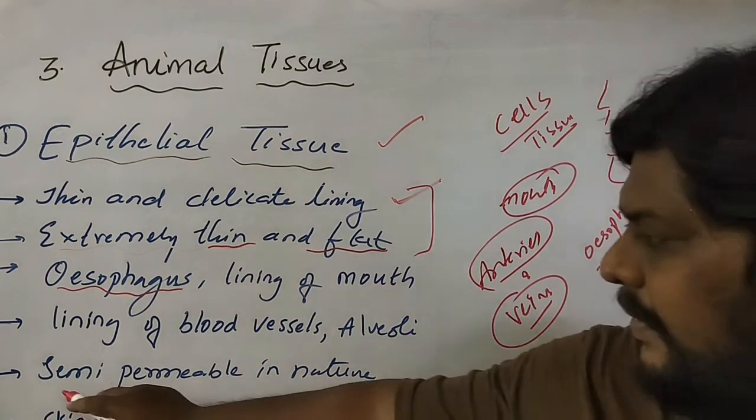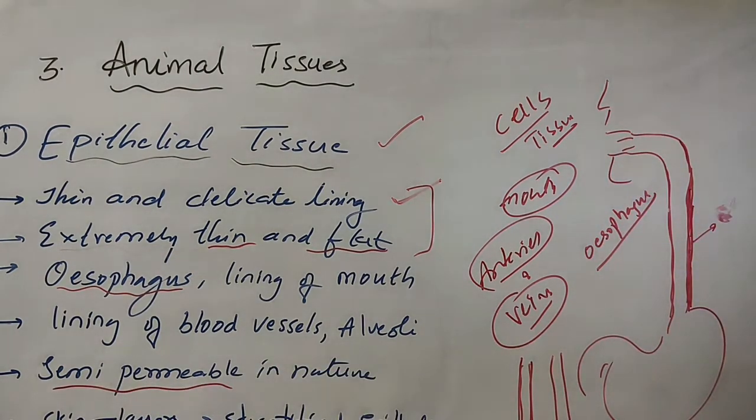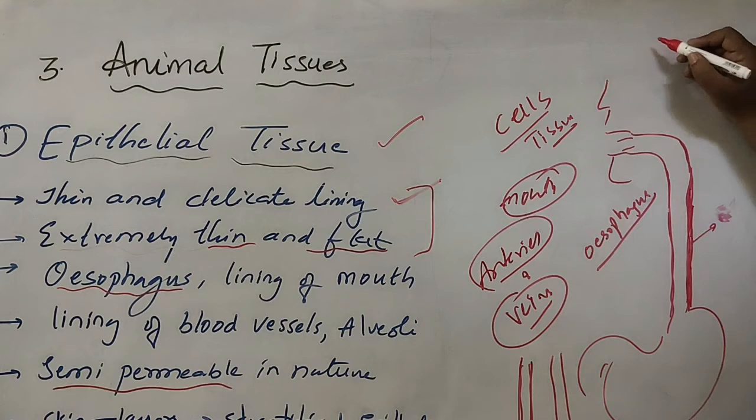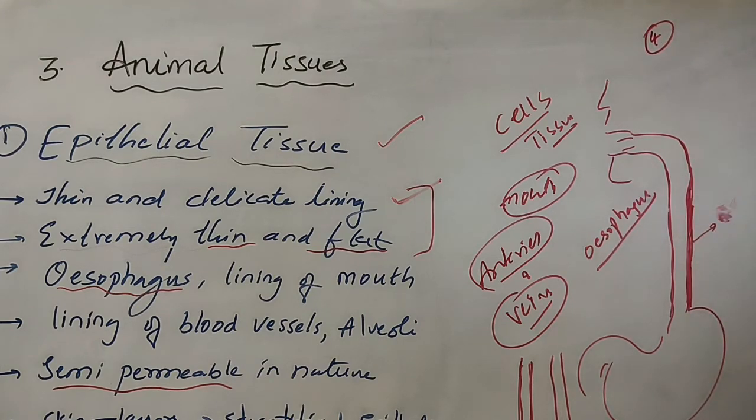Now, what is this semi-permeability? We are going to study that in our next chapter, which completely deals with semi-permeable membranes. So now let me give you a little information about semi-permeability.